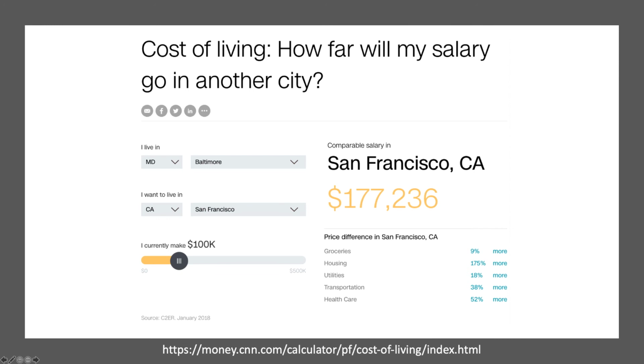To have the same exact house you have in Baltimore in San Francisco costs a ton more. If you've never looked at properties in San Francisco or in certain areas like Washington, D.C. or Manhattan, they skyrocket. It's wild. But the other cost of living components are a little bit higher as well: groceries, utilities, transportation, healthcare. So something to think about.